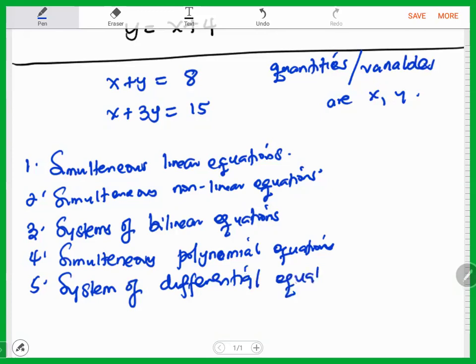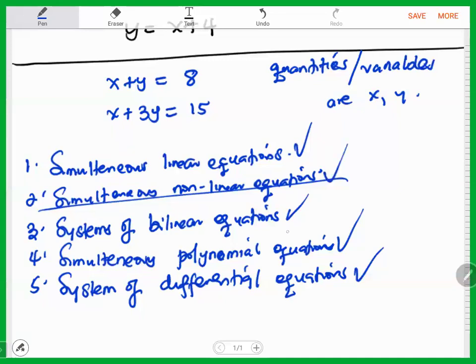So we shall look at this level. We are going to look at part of this and part of those, including these ones. It is the nonlinear that we don't look at. But in one way or the other, when I look at polynomials, then I'll be looking at the systems of nonlinear equations. As long as it is not a line, it is a curve, then we can say that it is nonlinear.